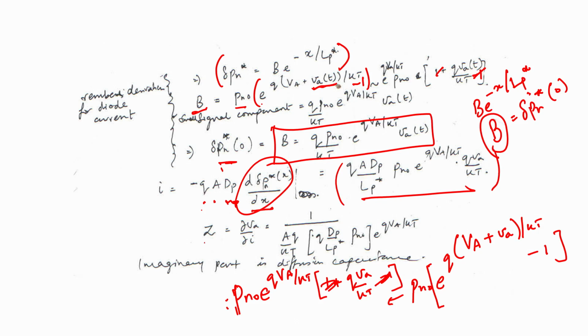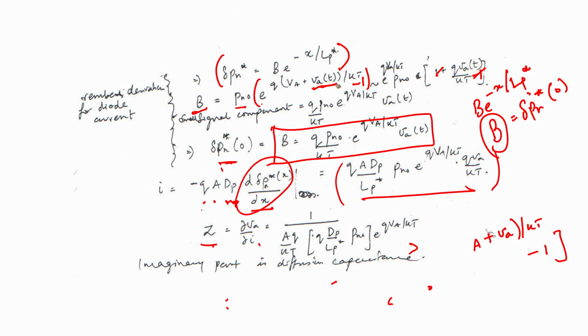And therefore, the impedance term, a general complex impedance, is dVA by dI, because of the I being that small signal current, and that will end up being a number like this. Okay. And since it has got this term Lp star, this is definitely a complex number. Therefore, it has got a real term and a complex term, and the imaginary part of that is the diffusion capacitance.